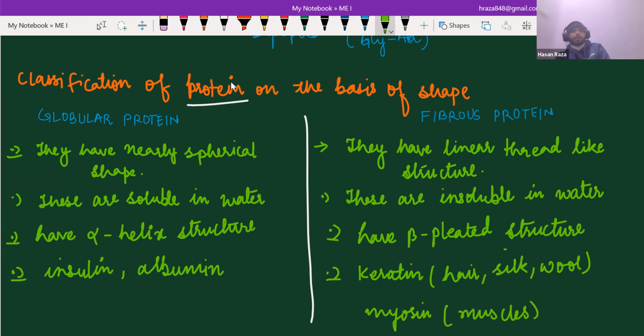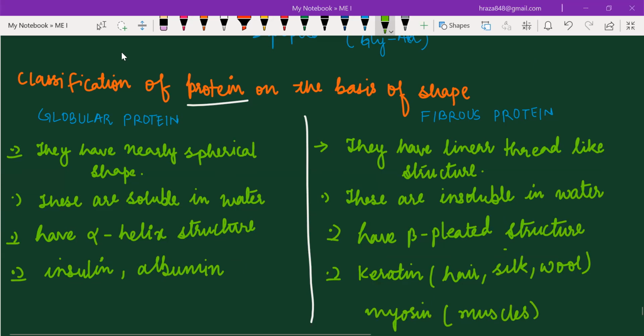So this is the type of protein on the basis of shape. Globular, which are spherical in shape. Fibrous, which are linear thread-like structures. Fibrous is insoluble in water and globular is soluble in water. Globular has an alpha helix structure and fibrous has a beta pleated structure. The examples of globular protein are insulin and albumin, and fibrous are keratin, which is present in hair, silk, wool, and myosin, which is present in muscles.